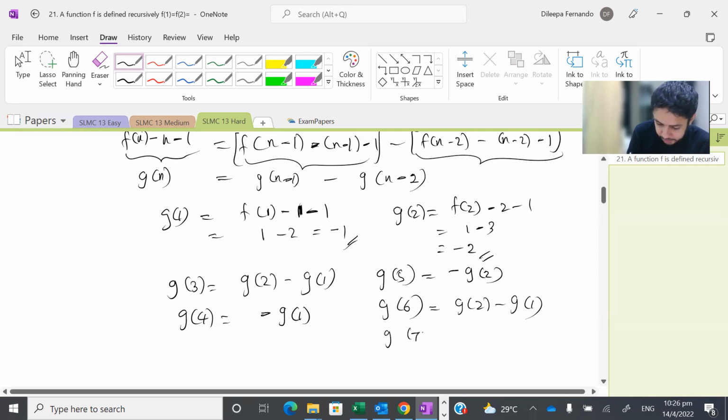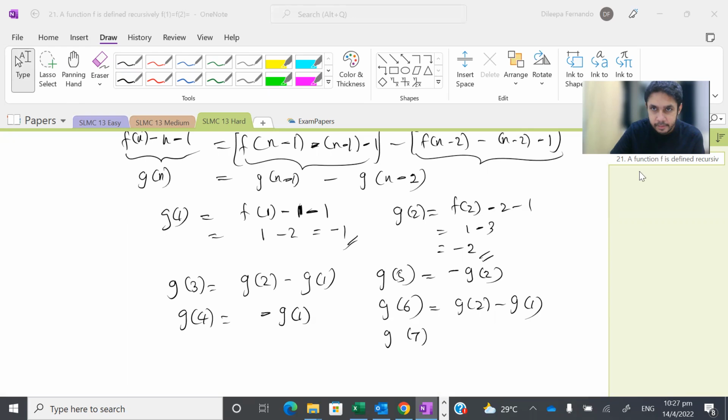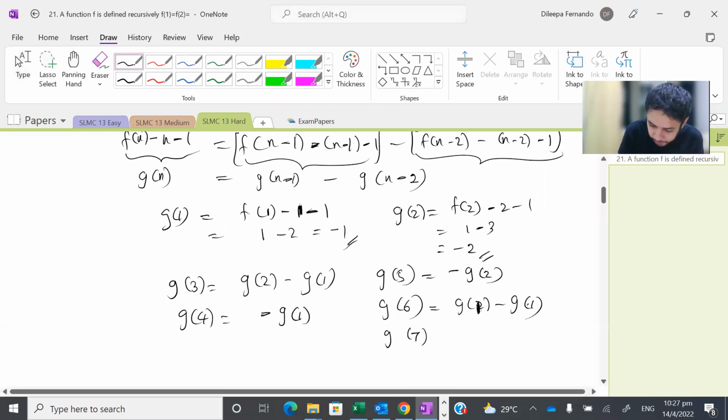Sorry, I made a mistake. For G6, it should be G1 minus G2, and G7 would be G1, and G8 would be G2.